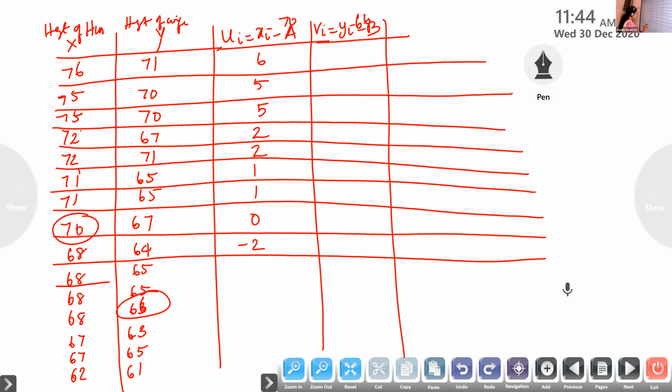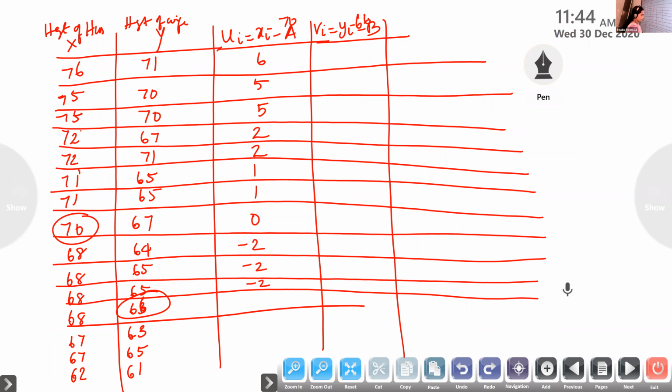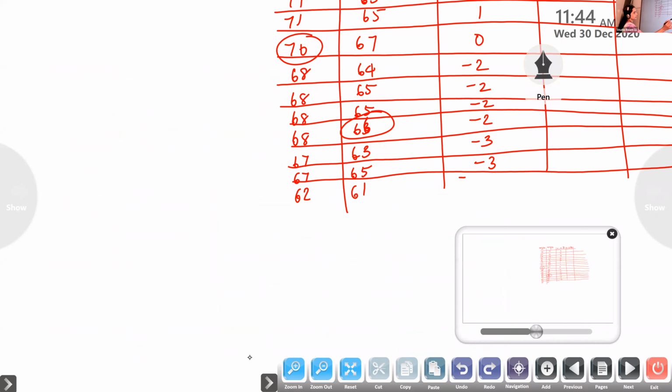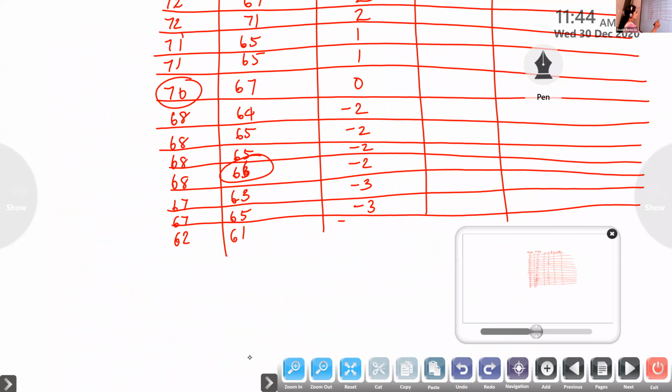Then minus 2, again minus 2, minus 2, minus 2, and minus 3, minus 3. Then the next one is minus 8.